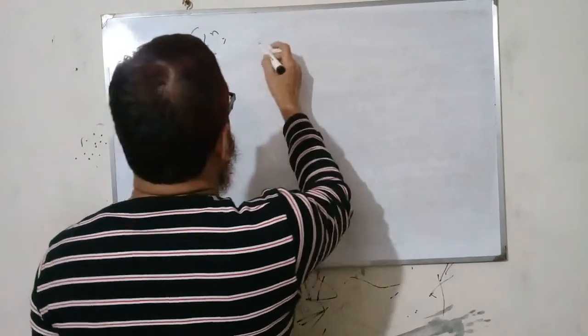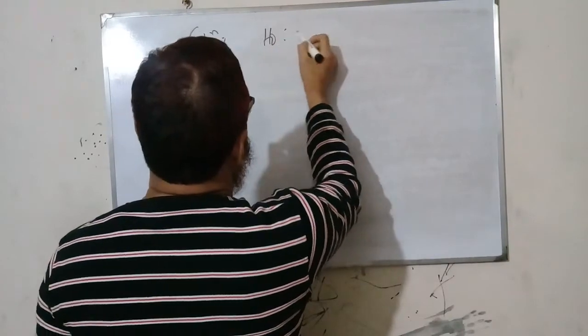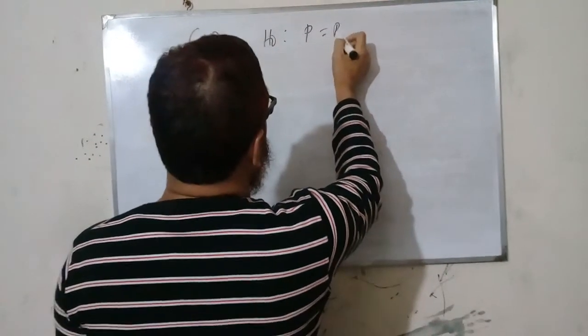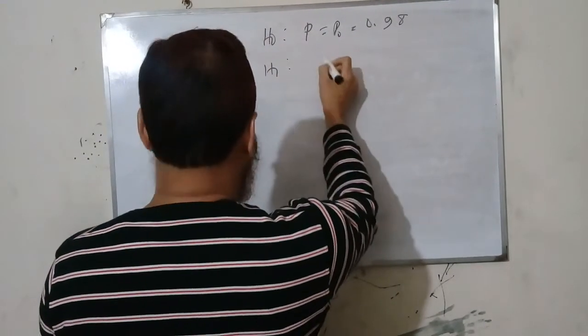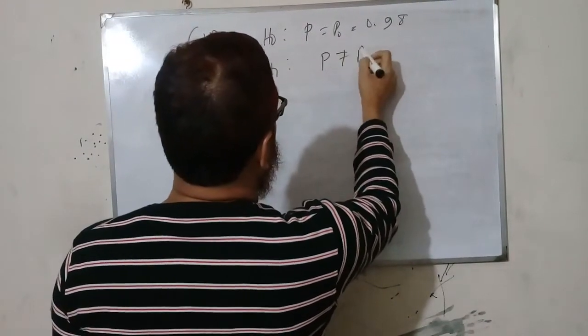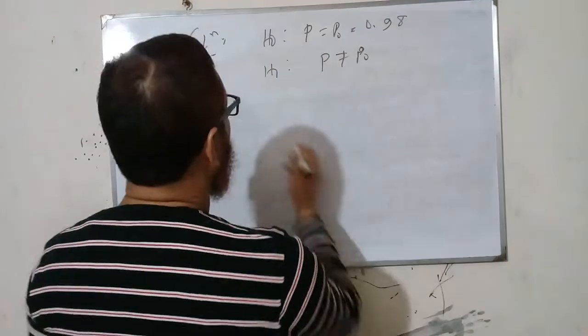Solution. Here our hypothesis is P equal to P0 equal to 0.98, alternative P not equal to P0.